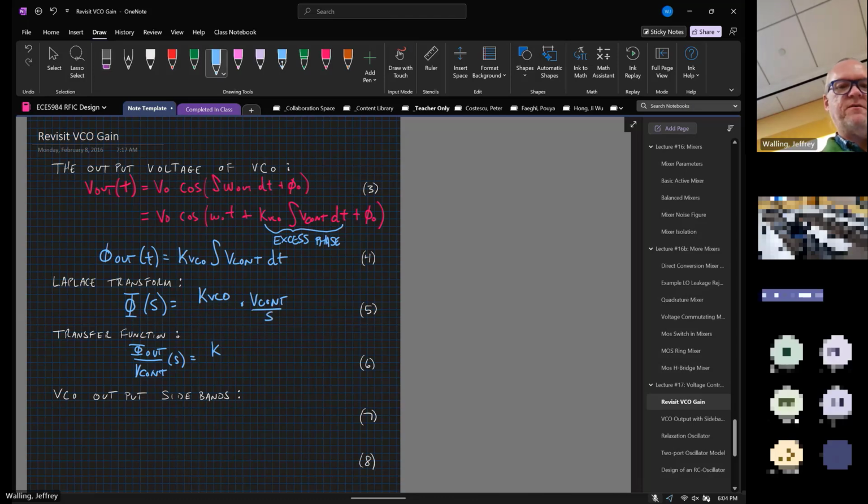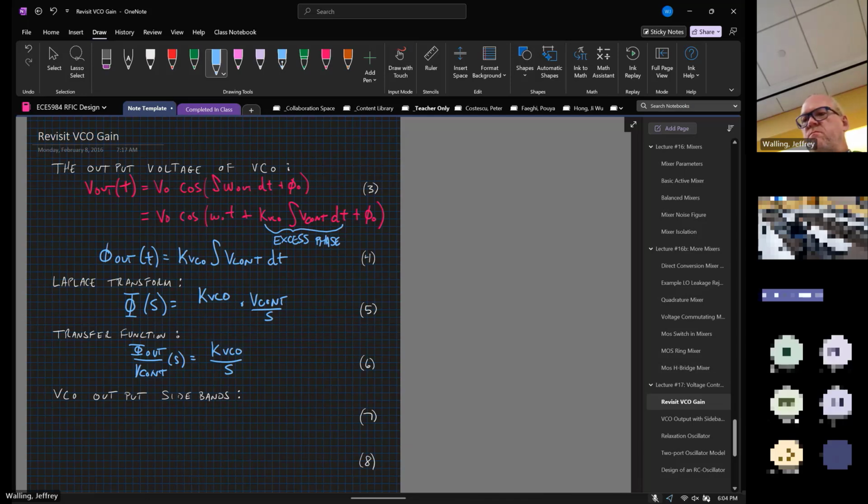That looks better. Okay, so our transfer function for the VCO, the phase with respect to the control voltage, is equal to the gain integrated.